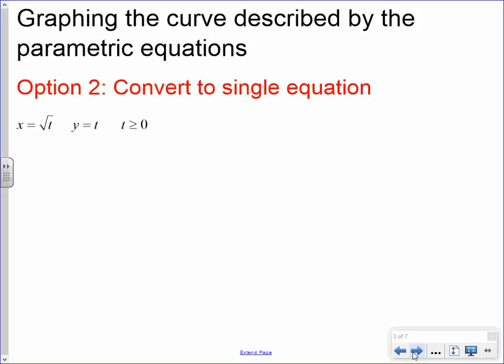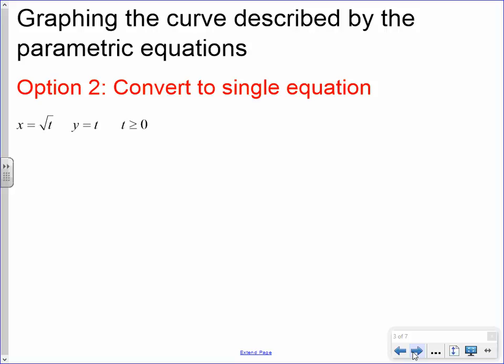Go ahead and write these down. Now, would I necessarily need to tell you that t is greater than or equal to 0? No. You should assume that because we have x equals the square root of t.